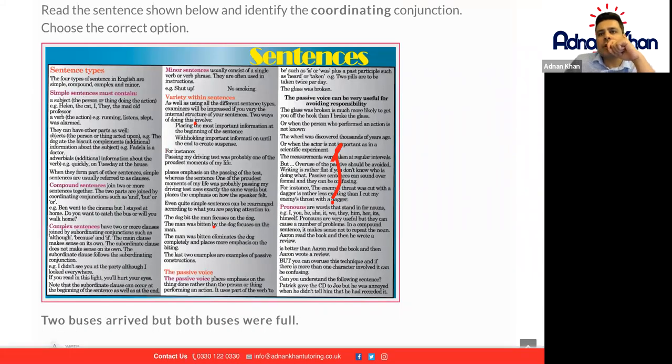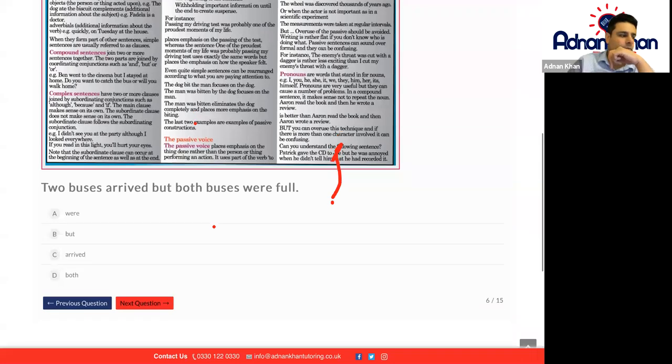Let's have a look at another example. Read the sentence shown below and identify the coordinating conjunction. Now, what is a coordinating conjunction in this case? That's what we're looking for. A coordinating conjunction, Eliora, is a word that's connecting the two sentences together. One specific word in the middle somewhere.